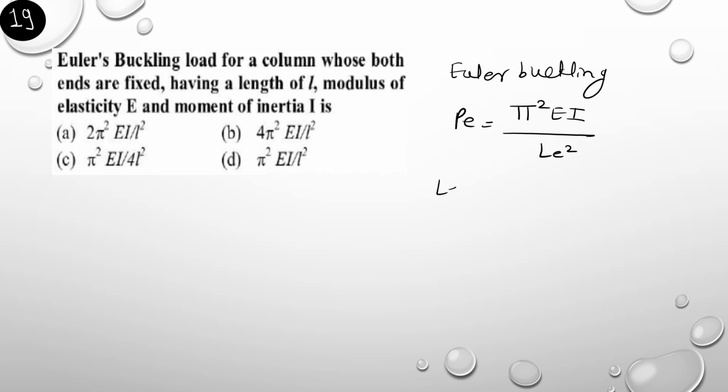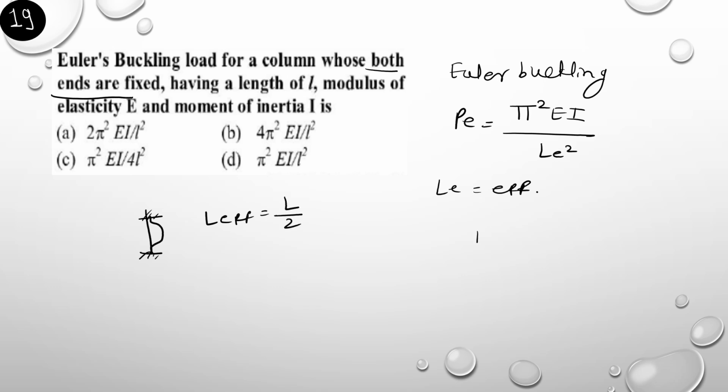LE is the effective length, and to find it, the condition here is both ends are fixed. If both ends of the beam are fixed, then the deflection is like this, and the effective length is L by 2.